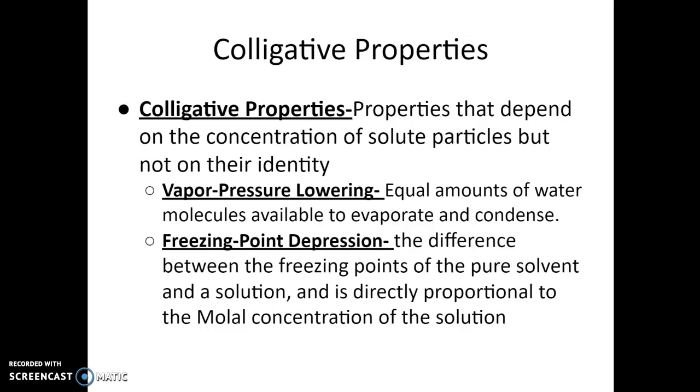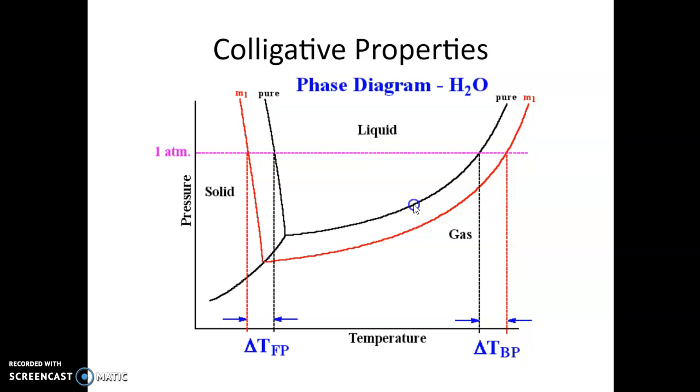Think about it: for the winter, when we want to make sure that the roads aren't going to get slippery with ice, what do we do to prepare the roads for an ice storm? We put down salt. That salt makes a solution with the snow as it's falling, and that solution lowers the melting point to the point where the ice or the snow doesn't actually freeze. It actually just melts. That's what freezing point depression actually is.